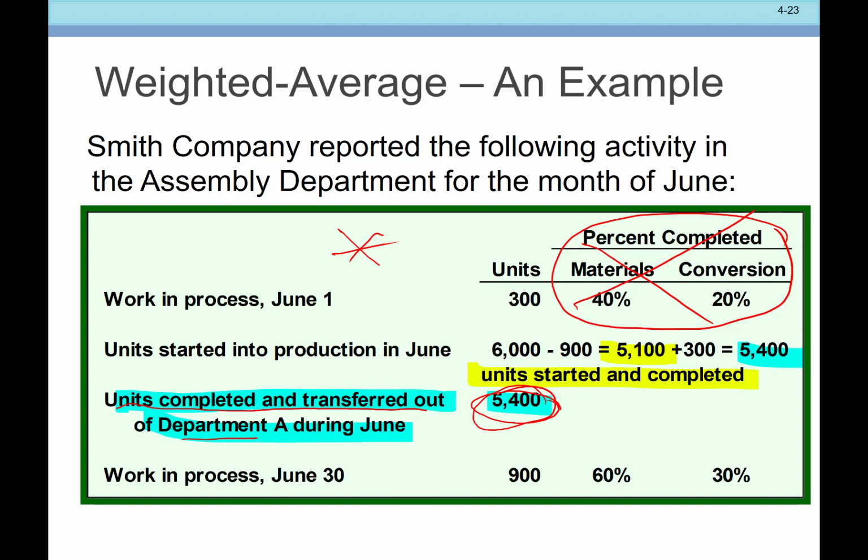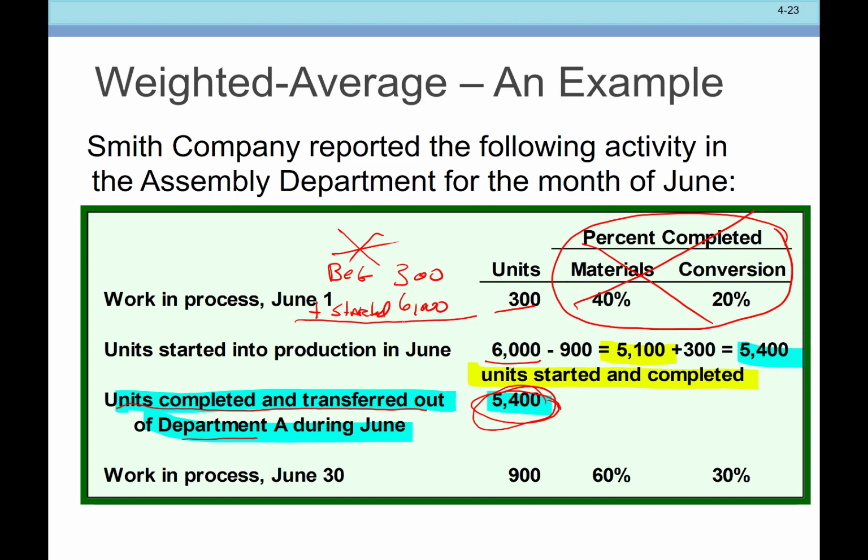More frequently, what I think you'll see are questions in which you'll do it this way. You simply take your beginning work in progress. How many units? 300. Add the units started. And they started what? 6,000?